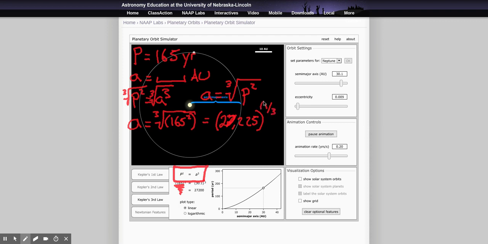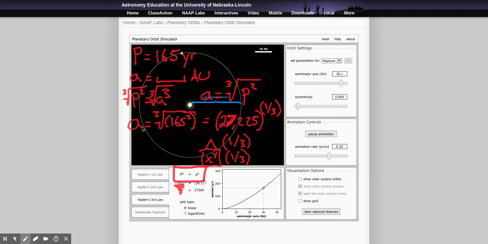Cube root is the same as raising something to the power of 1/3. To do that, you might want to type in your calculator caret, parentheses, 1/3. That means raise it to the power of 1/3. Your calculator might not have a caret, it might have an X to the Y button. Then you would type that and then 1/3. That's how you would end up taking the cube root.